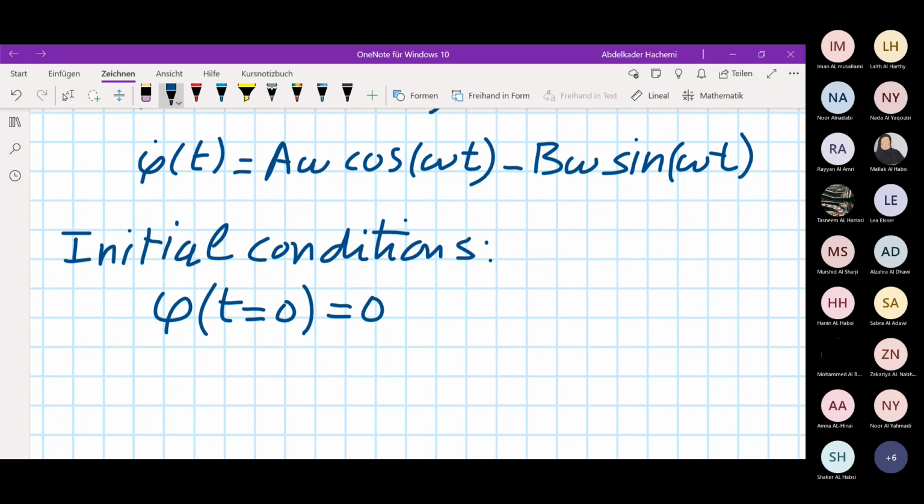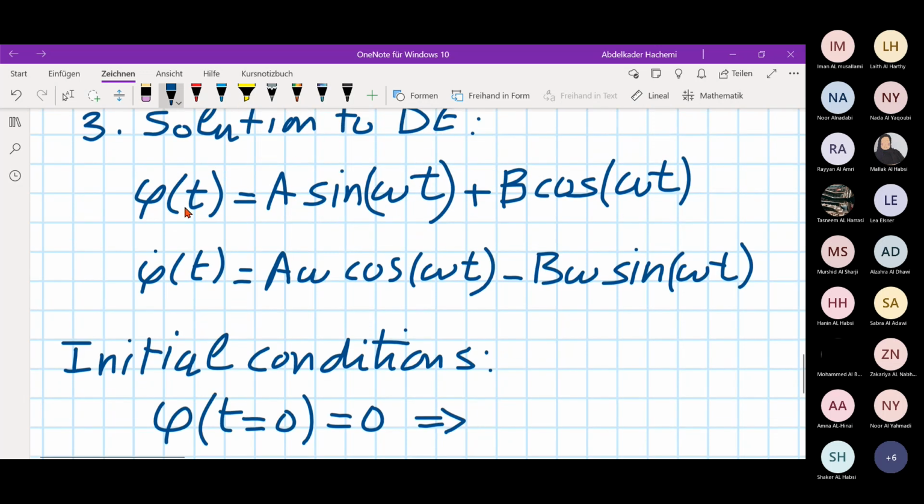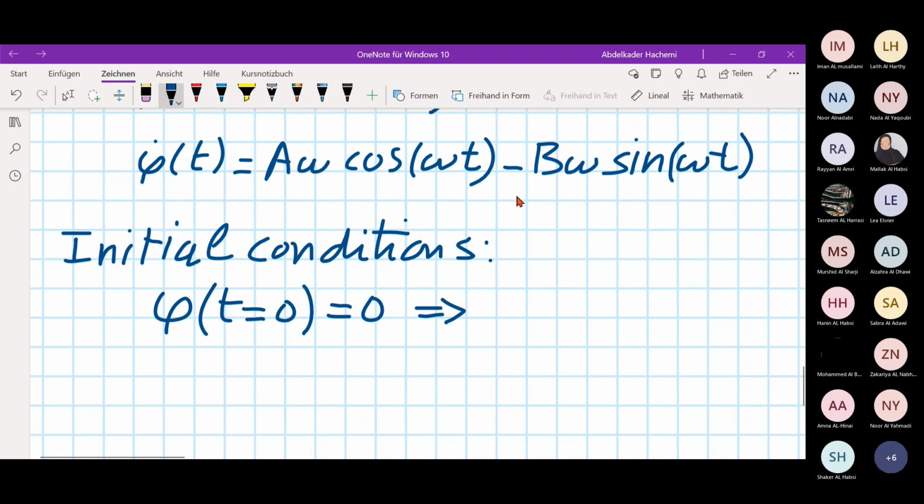Then if we replace in the expression of phi, we will get B is equal to 0.